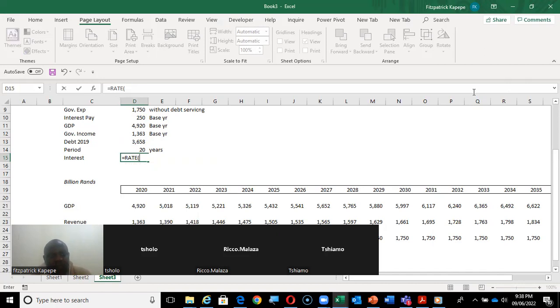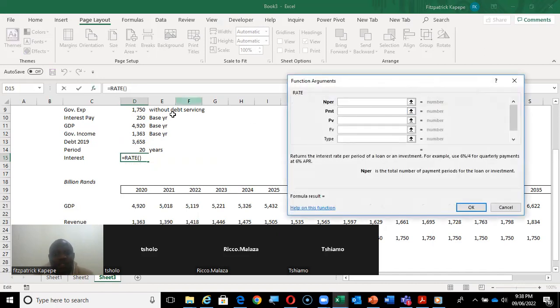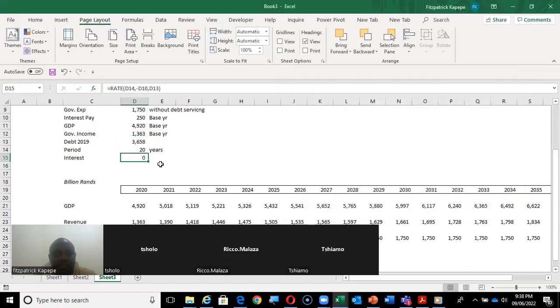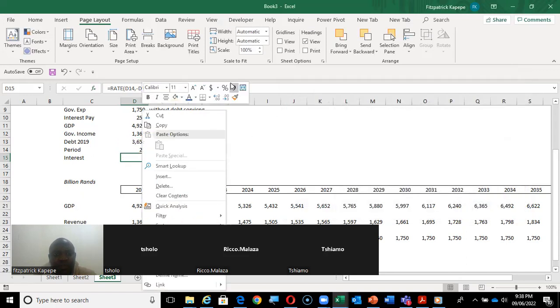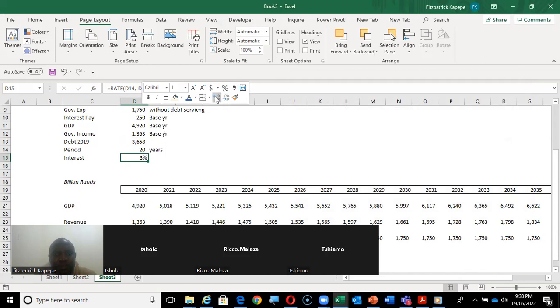So we have 20, the payments per each period. In 2020, they paid interest of that, the present value, which is 3658. So it gives us an interest of 3 point something, 3.18.